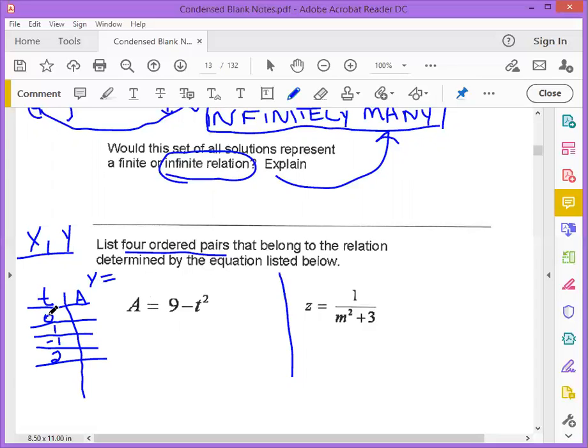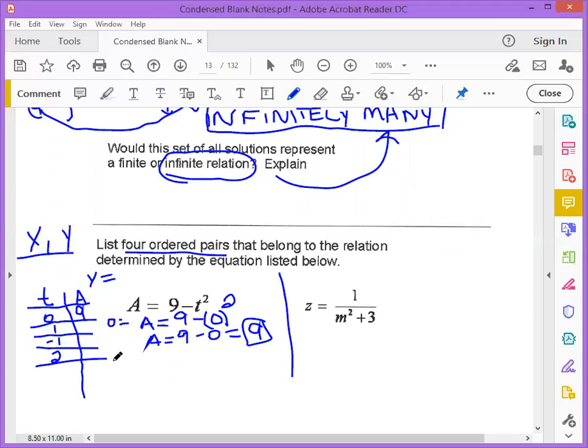So when t is 0, we have a equals 9 minus 0 squared. And 0 squared is just 0. So a equals 9 minus 0, or 9. So in our first row, we will put 9 where a is.